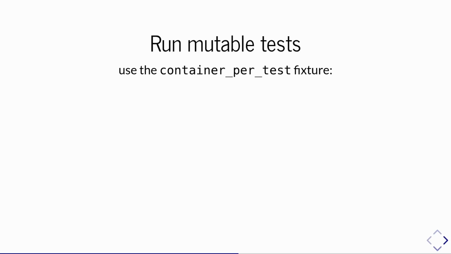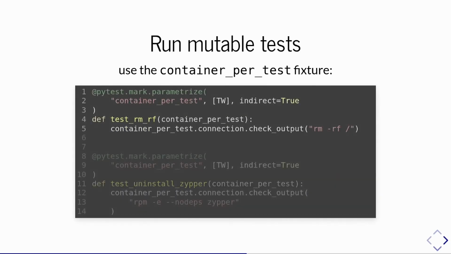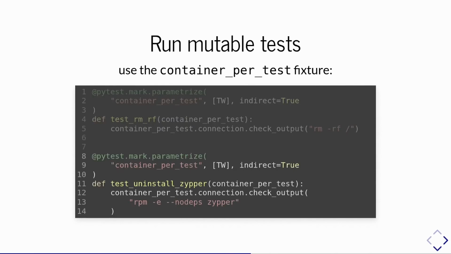But if you, for some reason, decide to do things like testing whether rm -rf / works or whether deinstalling zypper works, then you should maybe run that using the container_per_test fixture, where you will get a fresh container for every single test. You can do that, but be aware that this gives you a performance hit due to the launching, destroying, etc. pp.